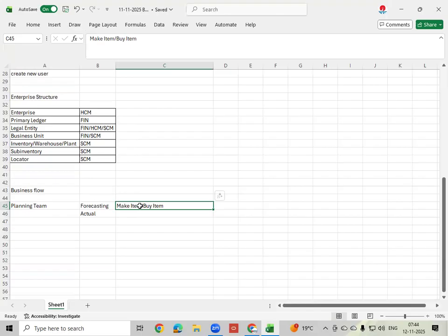In 1 day, 1 hour, 1 week, I cannot complete forecasting, right? At least a month, 1.5 months, 2 months, I have to start the forecasting calculation. That means in August only, you should start calculating forecasting demand for the year 2026 for the entire year. 6 months before, 8 months before, in a real environment, they will start forecasting calculation.